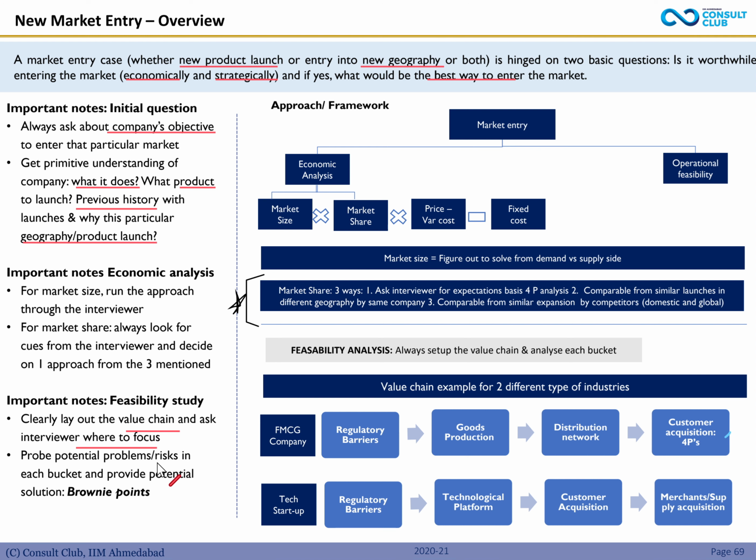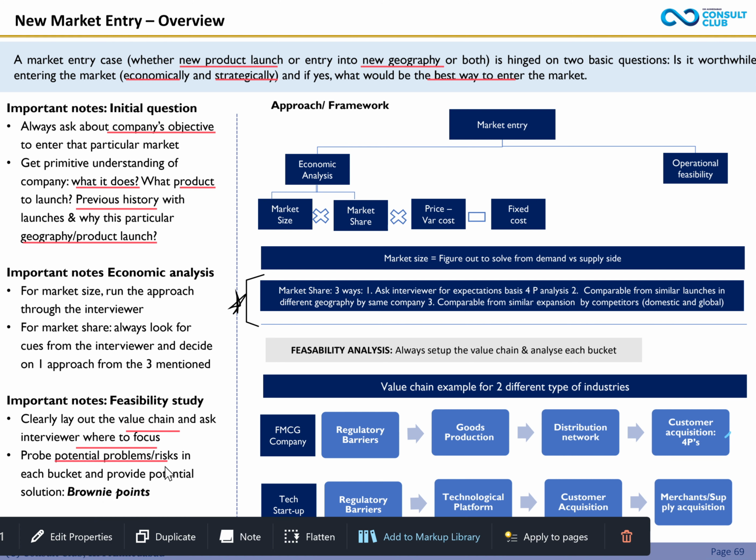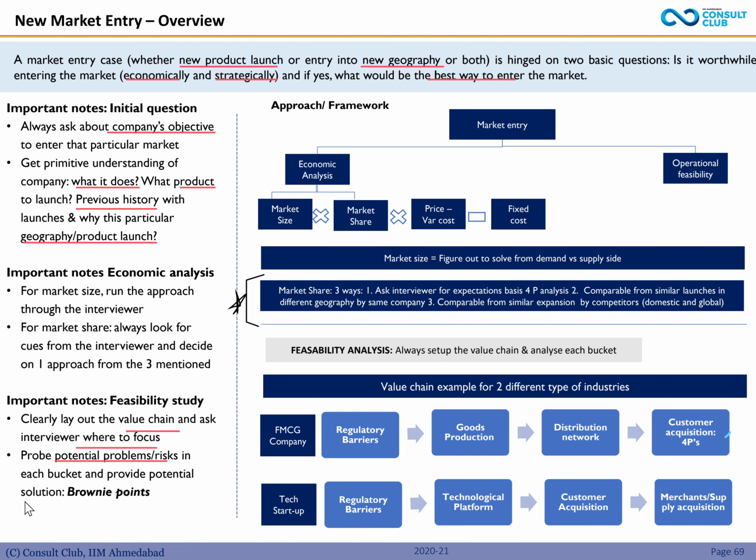Also, think of potential problems and risks in each bucket and provide potential solutions. If you can proactively think of what could be potential problems as you go forward and then provide solutions to them, the interviewer will know that you're thinking on a very deep level.